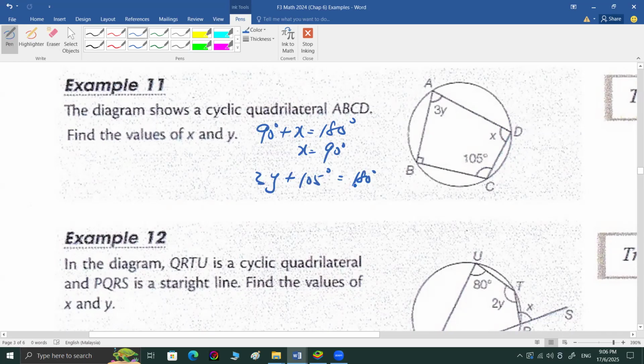I do 180 minus 105, 75. So how to get y? 75 divided by 3, right? You get 25. Okay, can you understand?